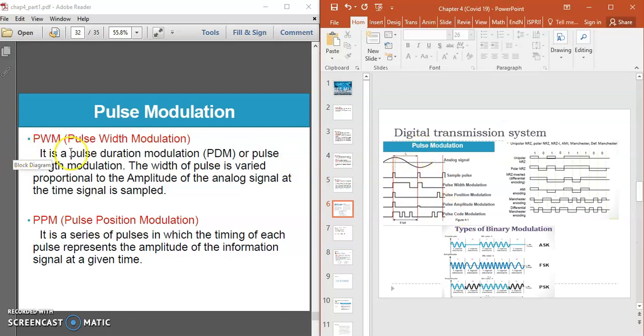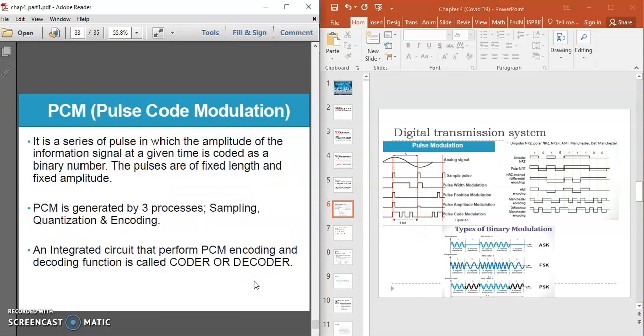Here is the pulse duration; you play with the width. The third one, you play with the position. Width, big; thin; position. Then here amplitude, this one more high, this one low. This is PCM. I recap: PCM is generated by three processes: sampling, which follows the Nyquist theorem, quantization, and encoding.